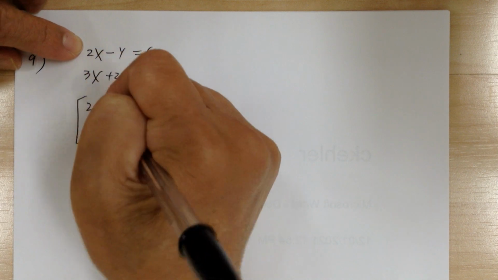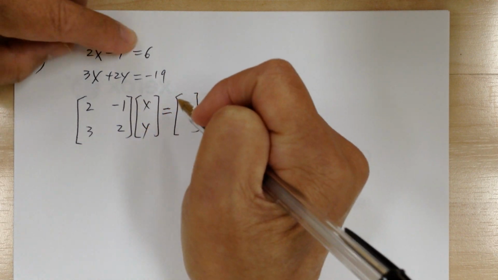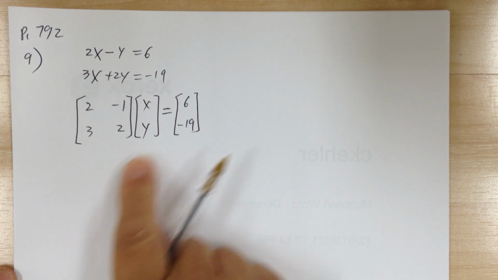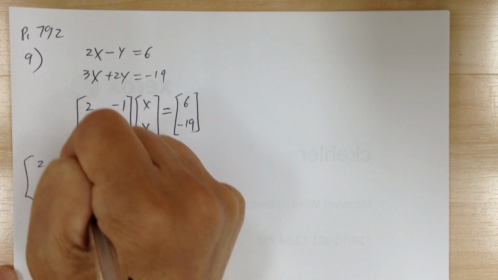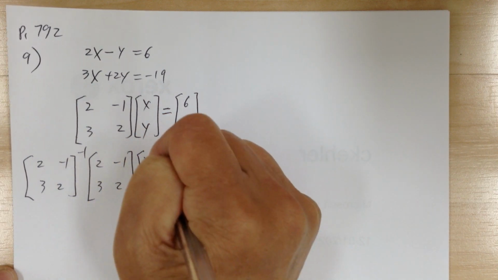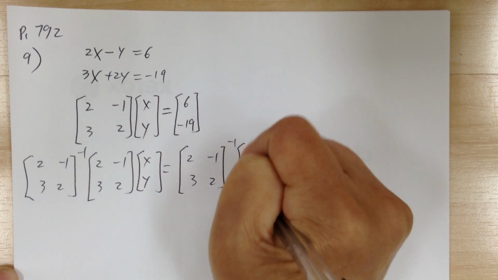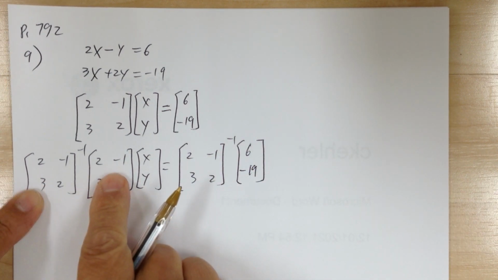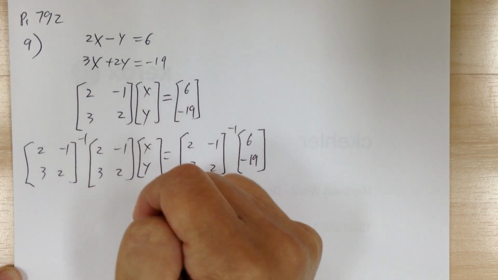So you're going to get [2, -1; 3, 2] times [x; y] equals [6; -19]. The next step is to multiply by the inverse in the front, so that when you have something and its inverse multiplied together, they cancel out.